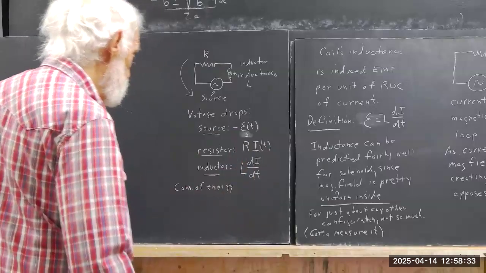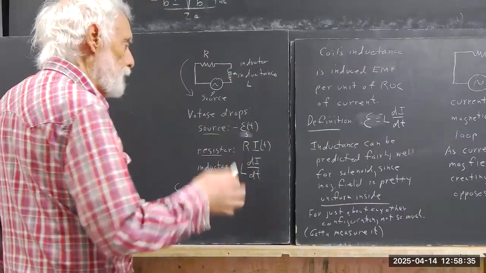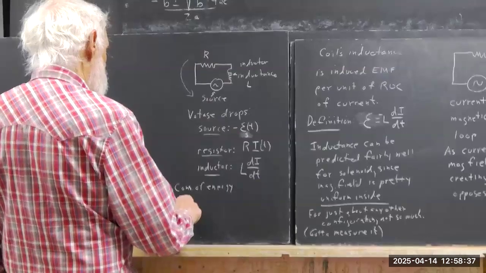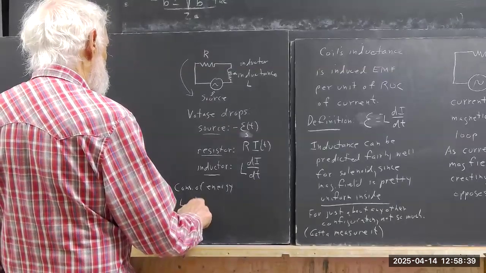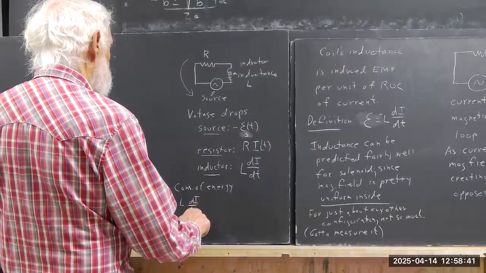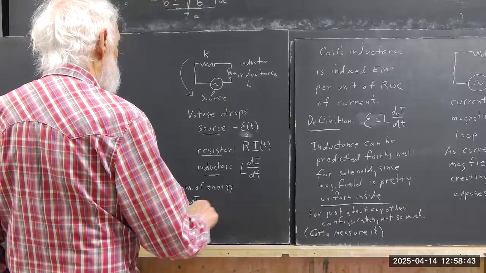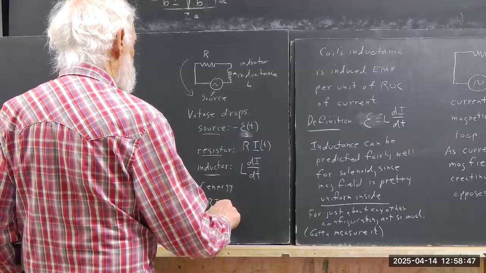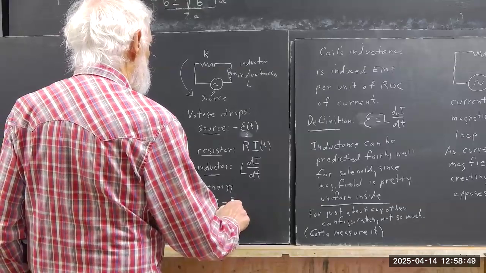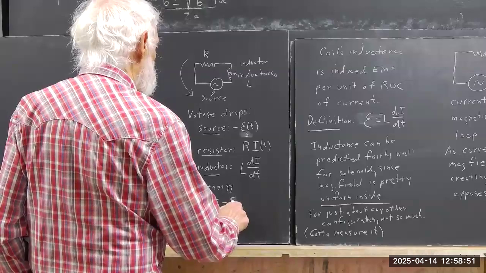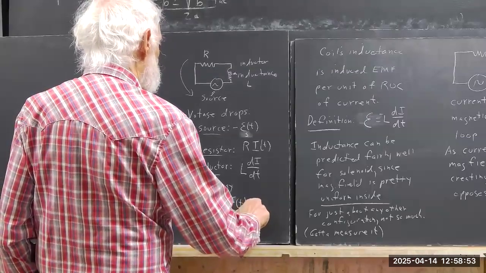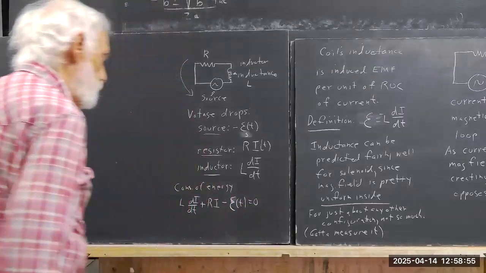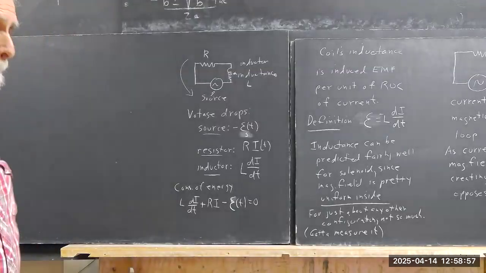Work around a complete loop is zero. And that's really a statement of conservation of energy. And this gives you the equation L di dt plus Ri minus your EMF is zero.